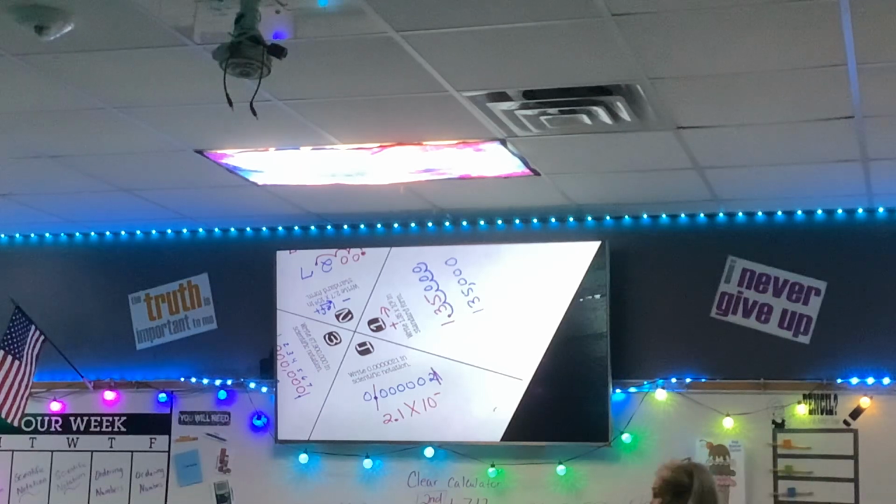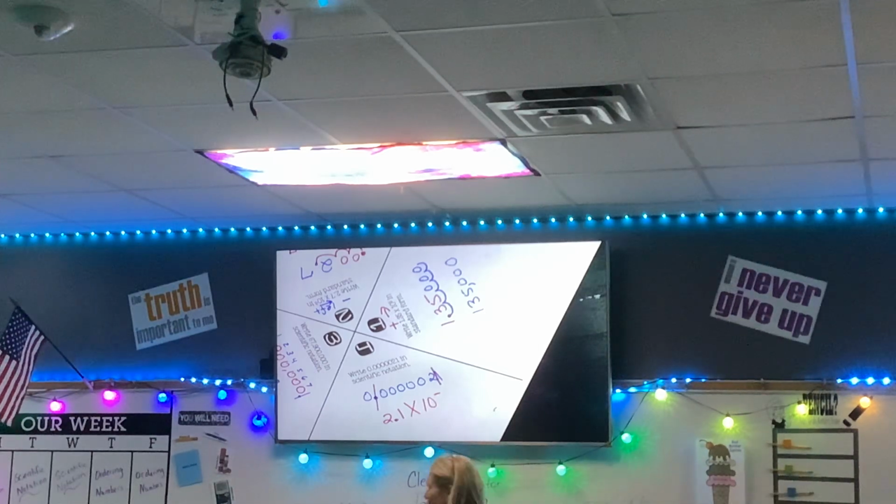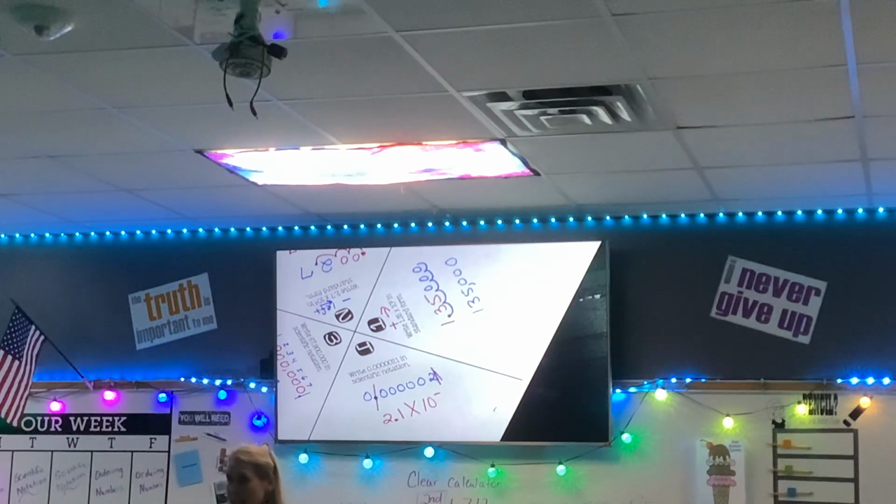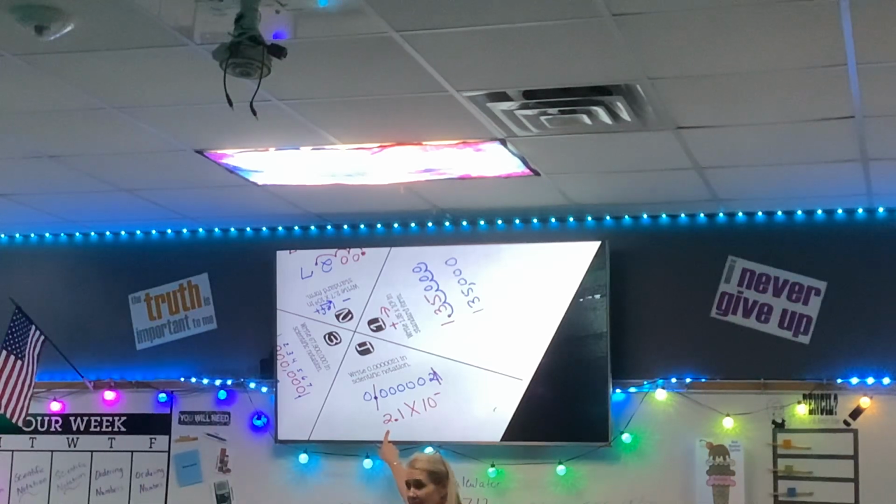Somebody in first period told me to put it behind the 1. And I said, well, if I write 21, is that a number between 1 and 10? No. Do you see why you always ask yourself that question? Is 2.1 a number between 1 and 10? Yes. Then you're good. Now, count how many places are in between.